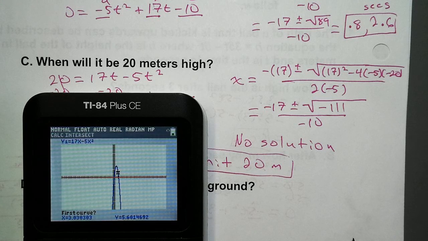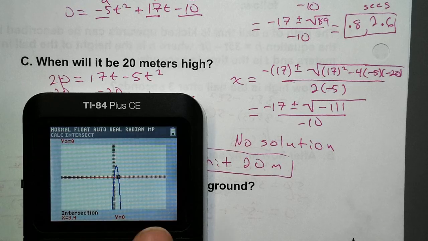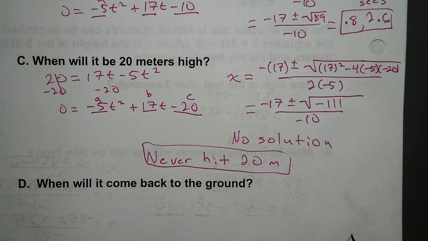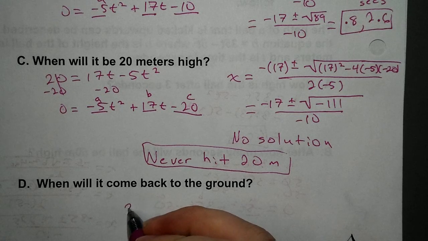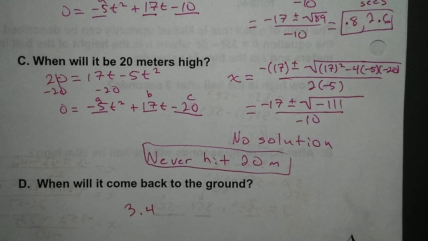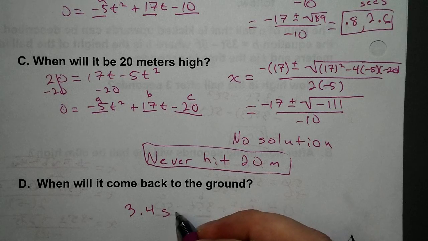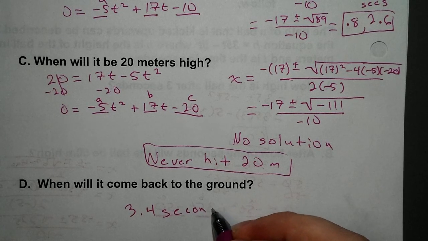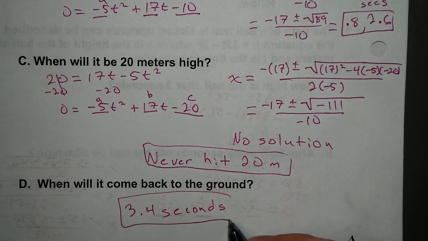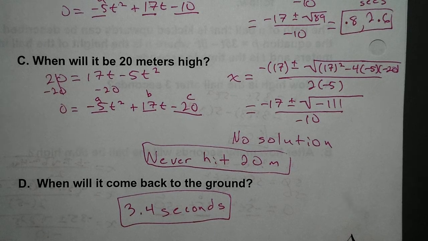And we're looking for over here where it hits the ground, not where it started. That's at 3.4 seconds, because the x value was seconds. I'm going to stop the video here. We've got one more today.